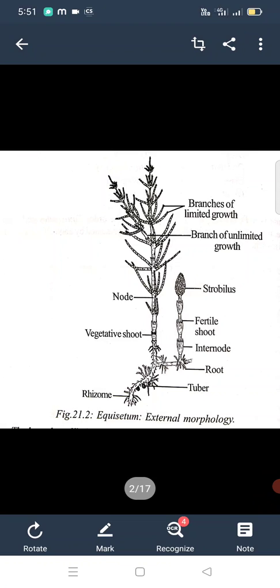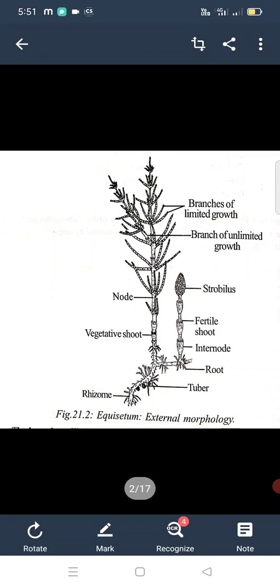In this picture you can observe the external morphology of Equisetum, and there is a presence of a rhizome. This rhizome is underground, and it has nodes and internodes, and each node has a whorl of scaly leaves, and the bases of the scaly leaves are joined at a node to form a sheath, and the node develops branch buds, and the branch buds grow into underground tubers or aerial shoots.